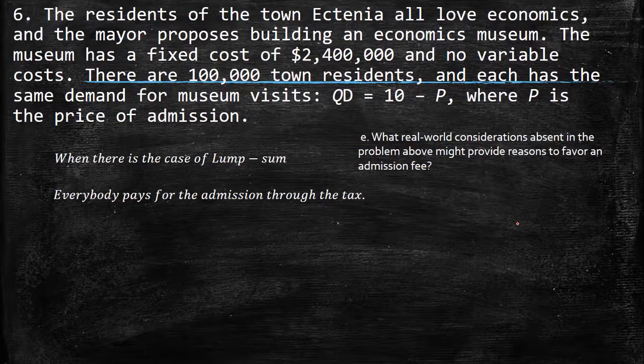It doesn't matter if you go once or if you go twice, so that could be a problem. But instead, with the second part, just people that really want to go will be charged. So this could be maybe the real-world consideration, because those who don't go at all to the museum will complain about that.